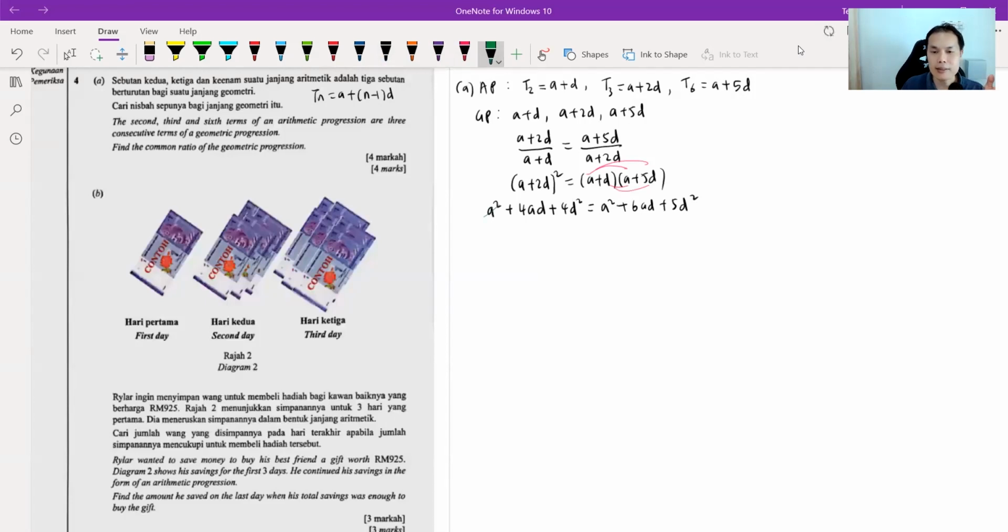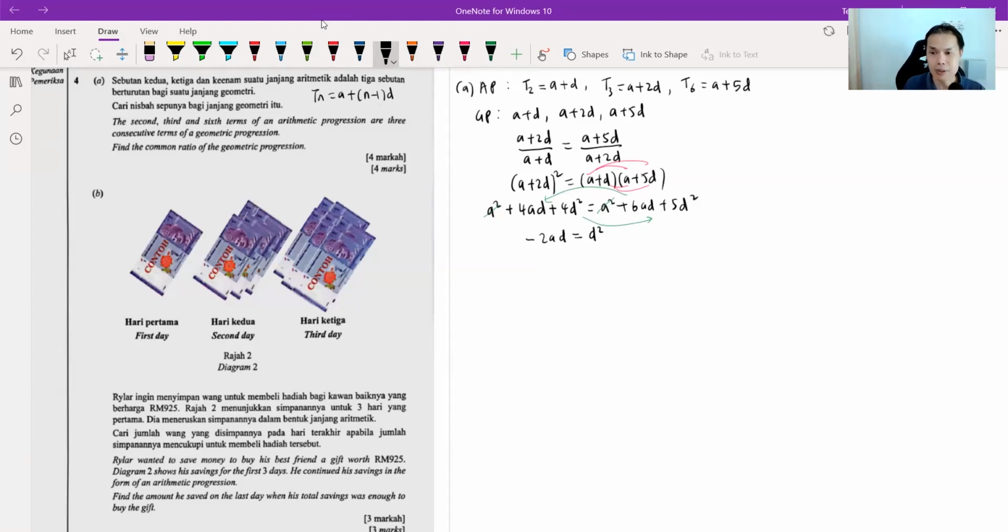Now we can cancel a squared and a squared, and simplify. Maybe I bring this over, I'll bring the d over. So what we have is negative 2ad equals d squared, and we know d cannot be 0.